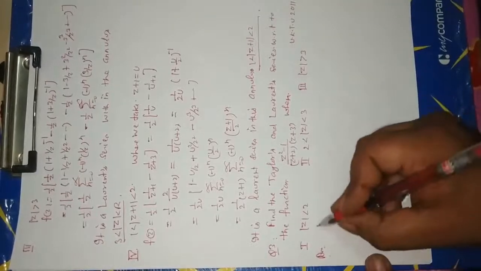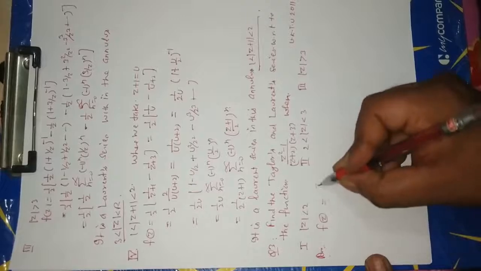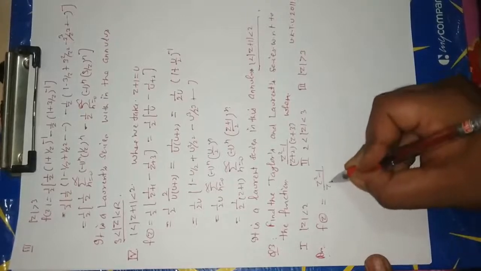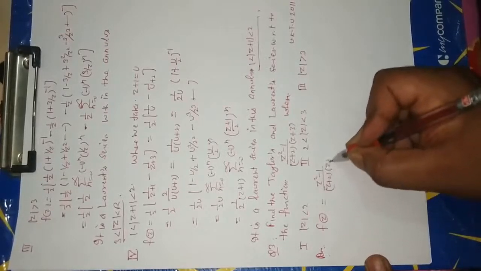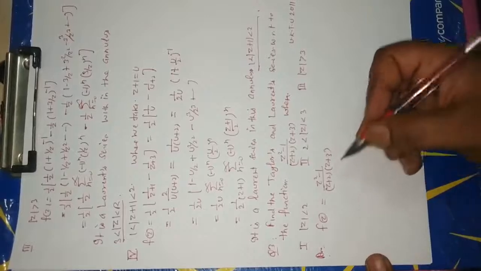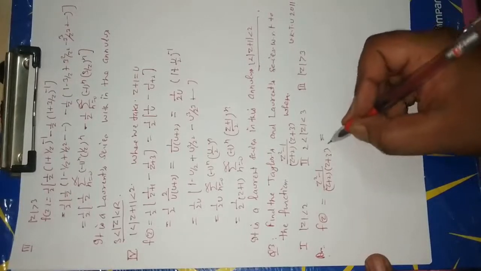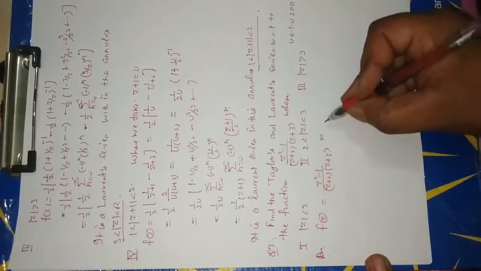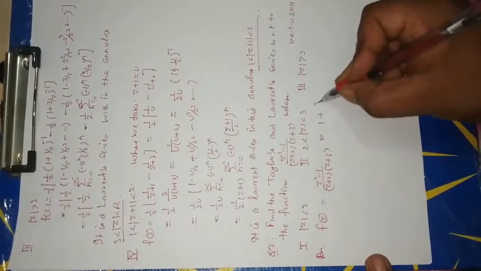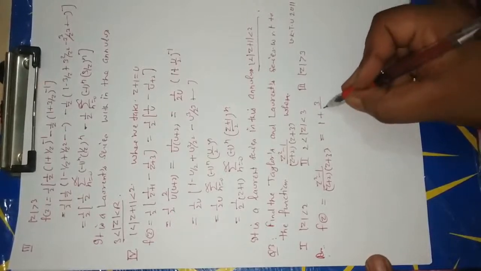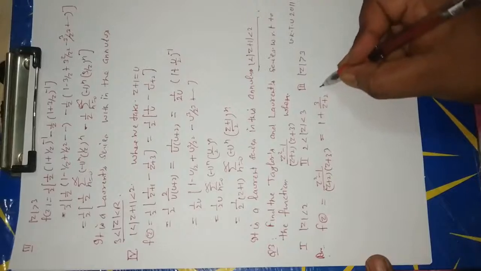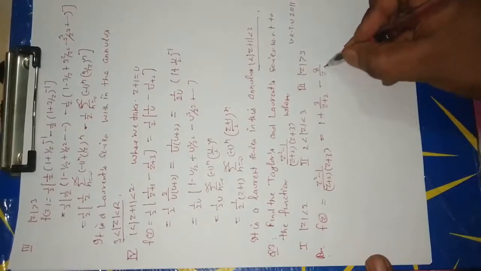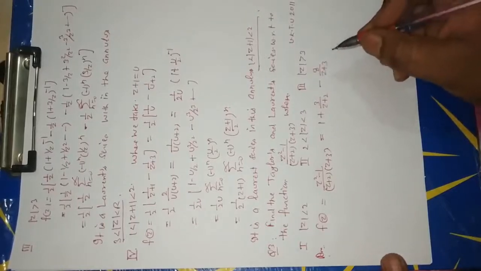Answer: since f(z) equal to z square minus 1 upon z plus 2, z plus 3, on partial fraction we get 1 plus 3 upon z plus 2 minus 8 upon z plus 3.